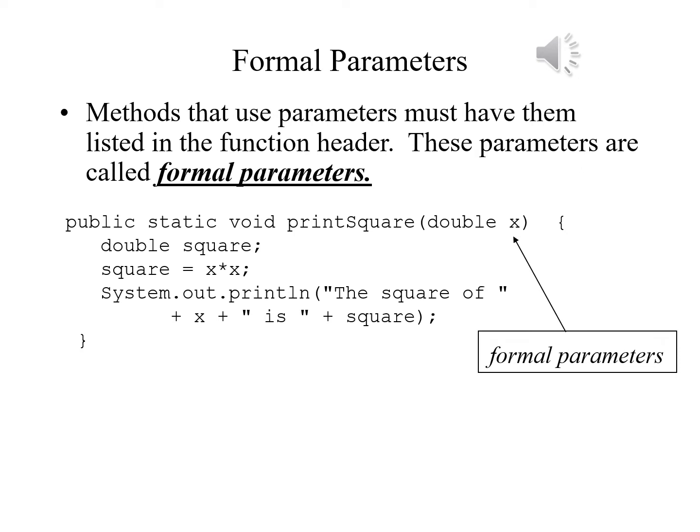Its type is a double. You'll notice in the method we have its own local variable, double square. Square is going to be a double precision float. In here you can see we calculate square by multiplying x by itself and then print it. X, as you see it here, is called a formal parameter because we are formally defining it here.